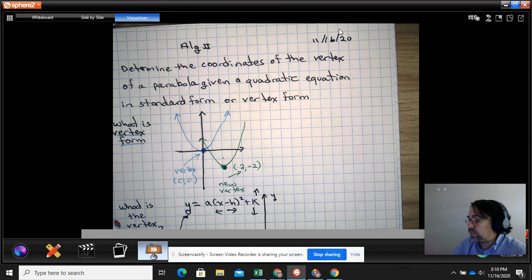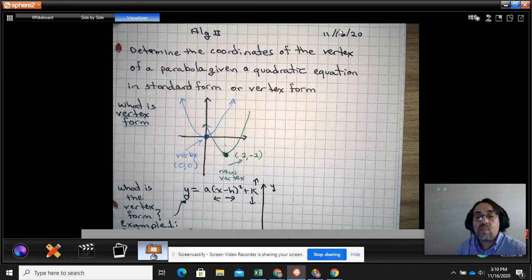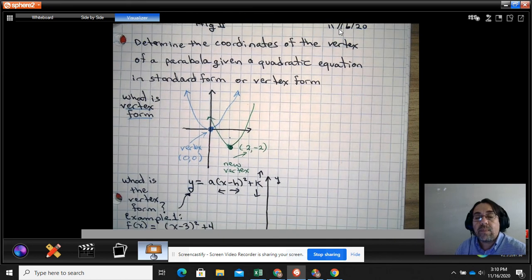So, for example, if f of x, which is the same thing as y, equals (x minus 3) squared plus 4.